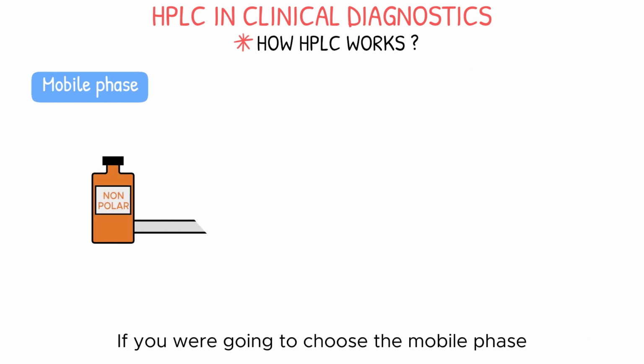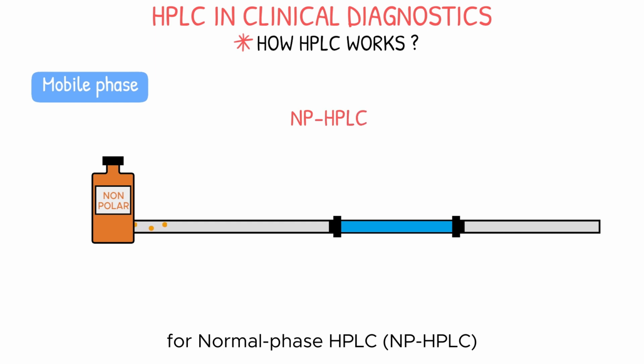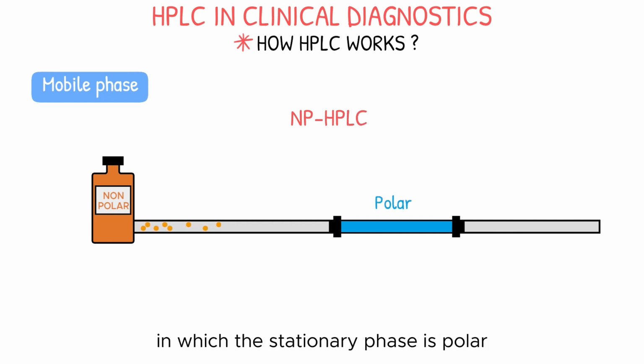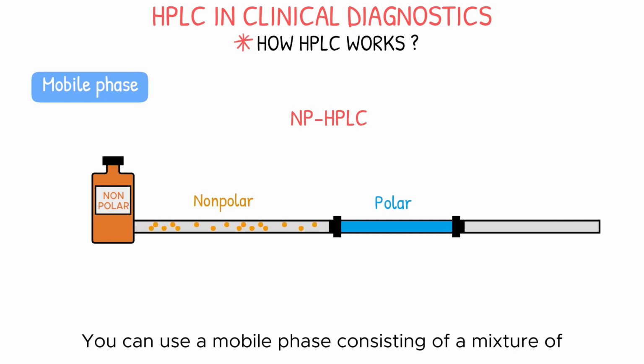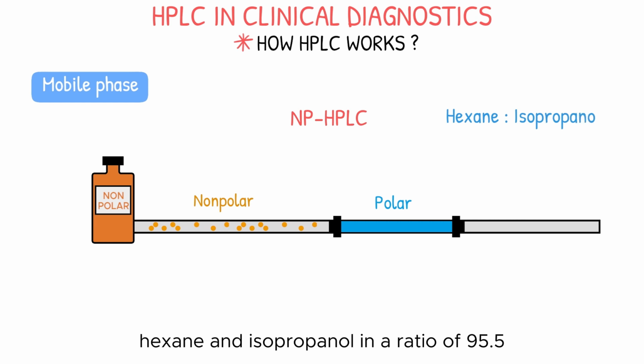If you are going to choose the mobile phase for normal phase HPLC, or NPHPLC, in which the stationary phase is polar and the mobile phase is nonpolar, you can use a mobile phase consisting of a mixture of hexane and isopropanol in a ratio of 95:5.